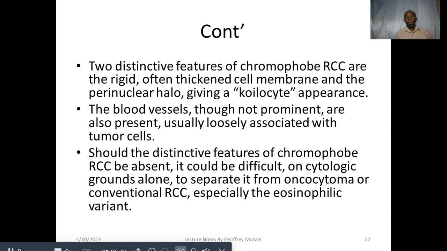Should the distinctive features of the chromophobe RCC be absent, it could really be very difficult on cytologic grounds alone to separate it from the oncocytoma or the conventional RCC, especially the eosinophilic variant.